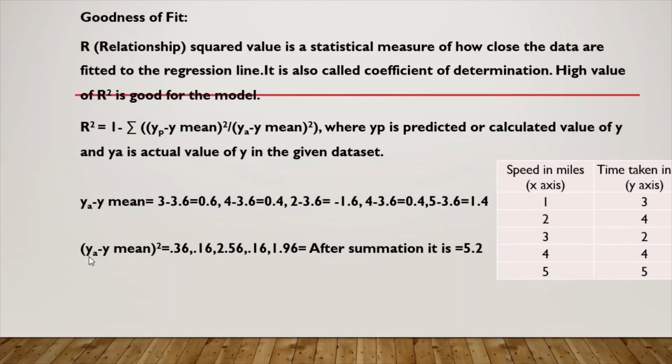So we can calculate y actual minus y mean. We know y mean is 3.6 and the actual values of y are given in the data set.